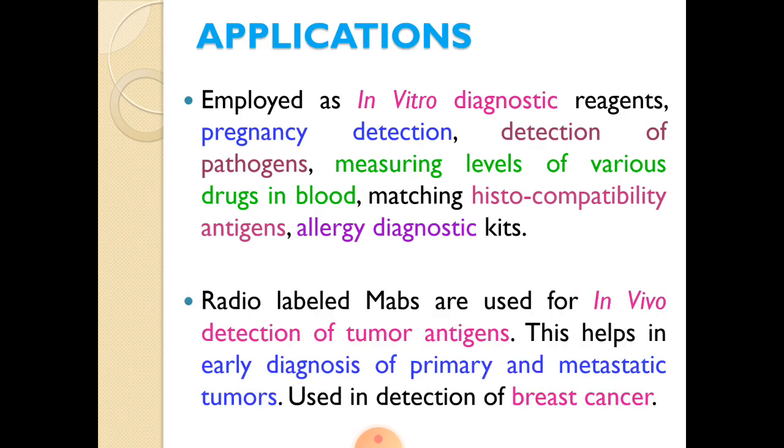Then radio-labeled MABs are used for in vivo detection of tumor antigens. This helps in early diagnosis of primary and metastatic tumors, and is used in the detection of breast cancer.